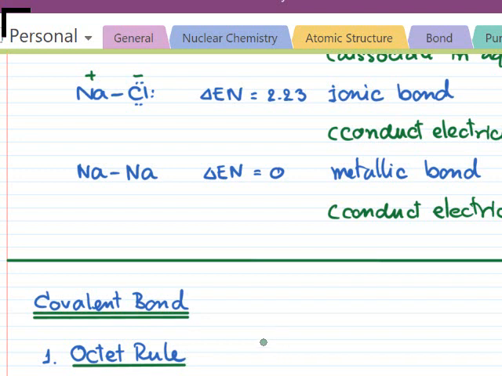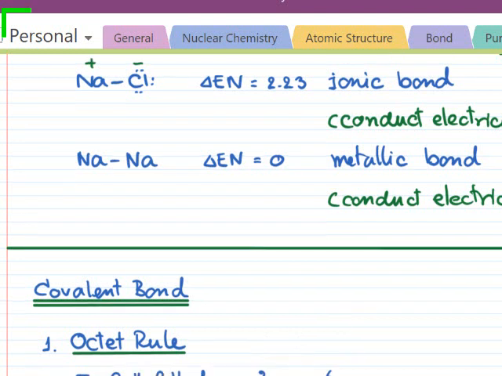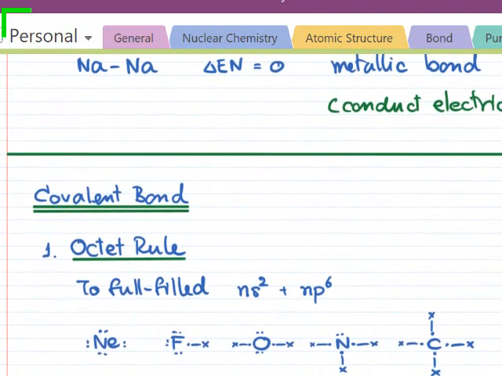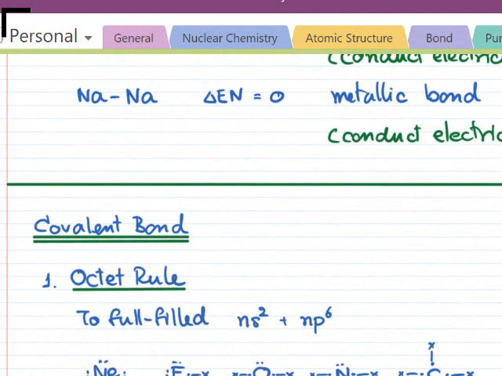Then for nitrogen, you need 3 bonds, and the carbon atom needs 4 bonds. This is what you have learned in your high school chemistry. So normally fluorine, as you can see, can link together and make a single bond. Oxygen gas links together and makes a double bond, and nitrogen gas links together as a triple bond.